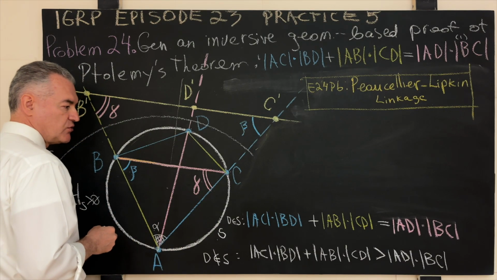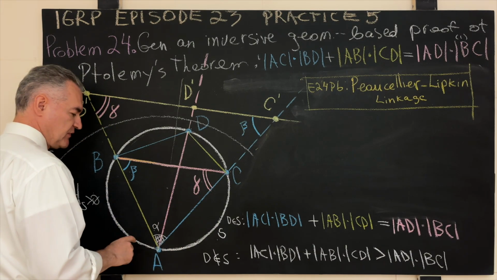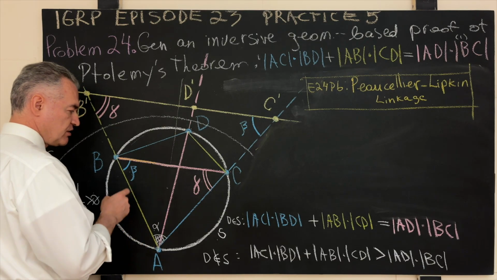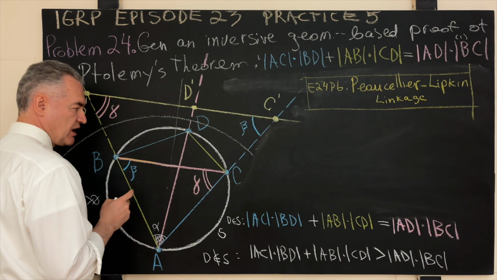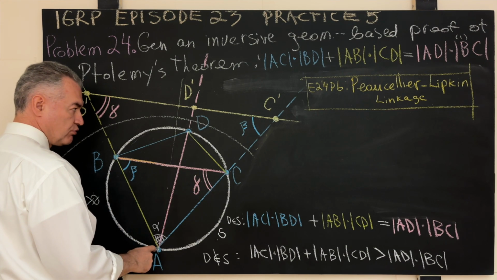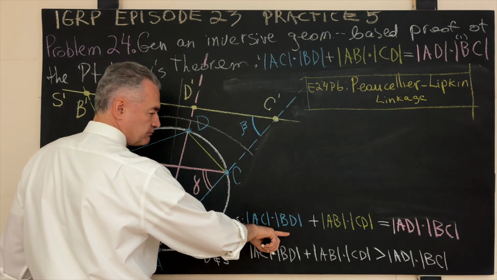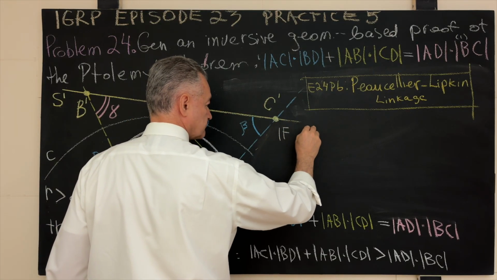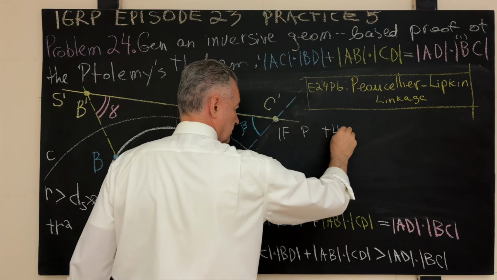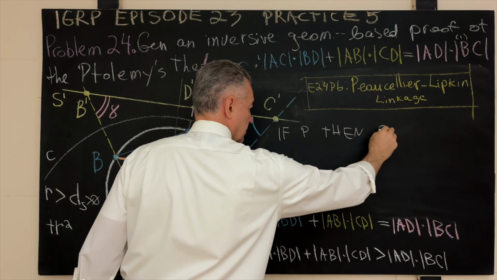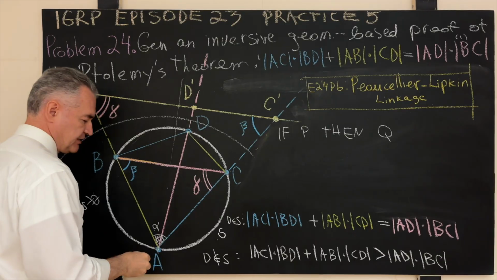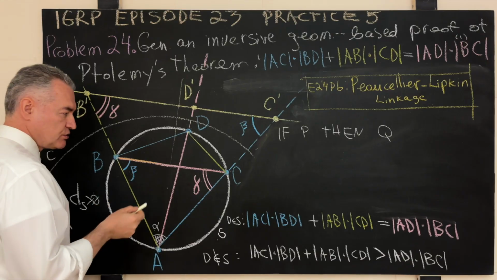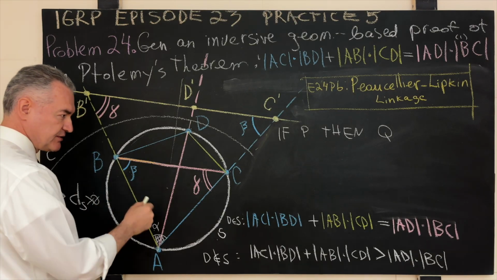Technically, we just proved the following two statements. If the 4 points A, B, C, D are positioned on the same circle in such a way that the points B and C are located on the opposite arcs delineated by the points A and D, then the following distance relation holds. And that means we proved if P, then Q. The P, the premise, is the location of the 4 points on the circle with the condition that the arcs and so on.